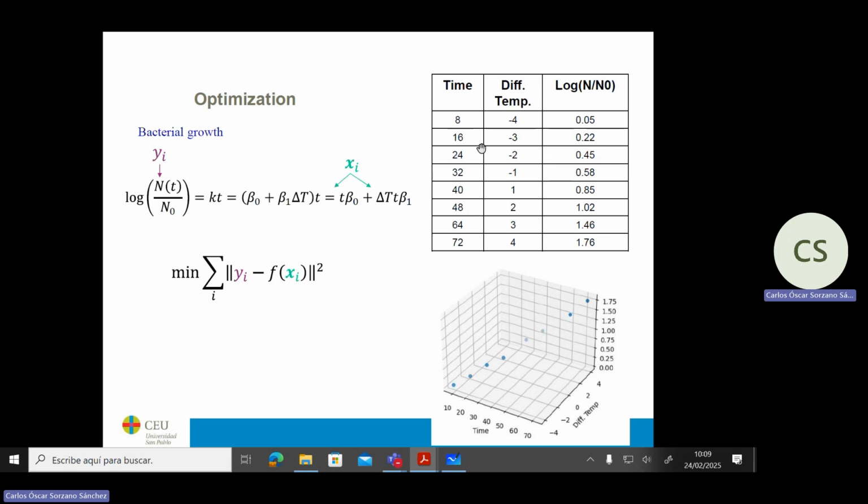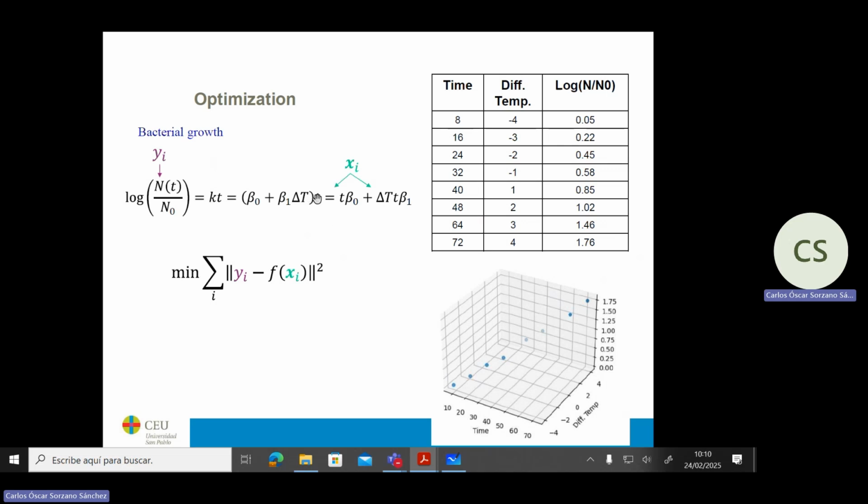Now you have to put a model. You say the logarithm of this ratio, and that is my y, what I want to predict, will depend on some constant or some function times time. But this function will depend linearly on the temperature. So that is my model.